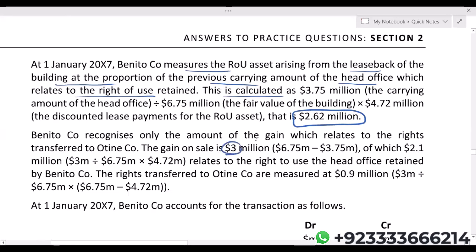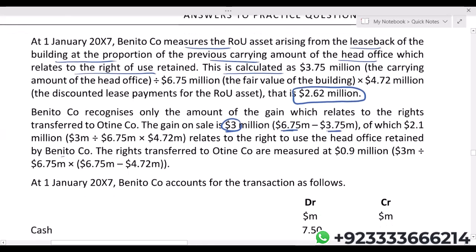How did we calculate 3? Sale proceed is 6.75. The carrying value of the property, plant and equipment is 3.75. But the entire 3 you will not be taking as a gain. Of which 2.1 million relates to the right of use asset retained by Benito. So if you look at this, we have directly calculated this. The right transferred to Otini is measured at 0.9.